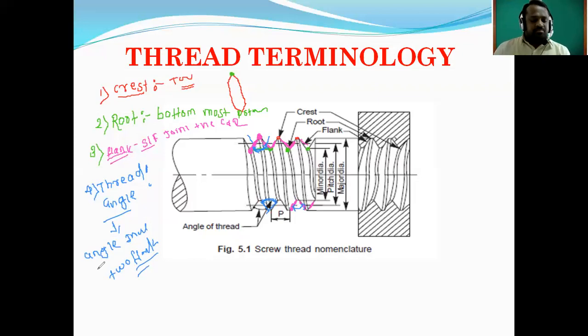Yes, sir. Then tell me the next terminology. Again, it is very simple. It is depth of thread, or we can say the depth of screw.